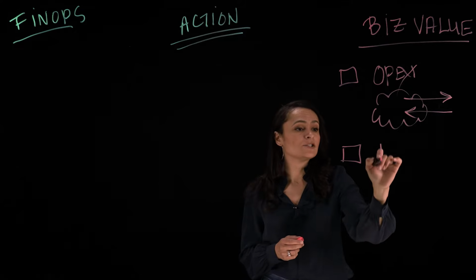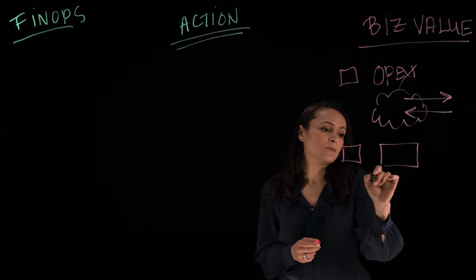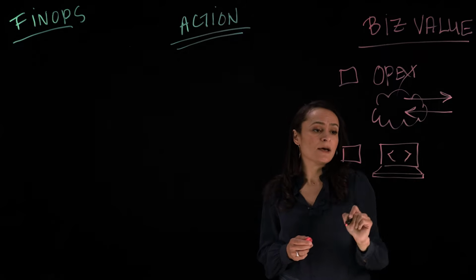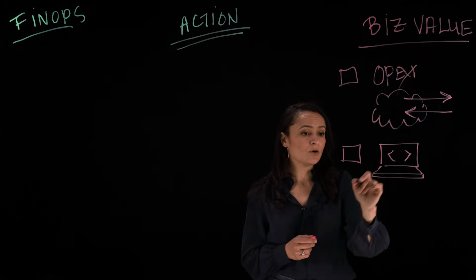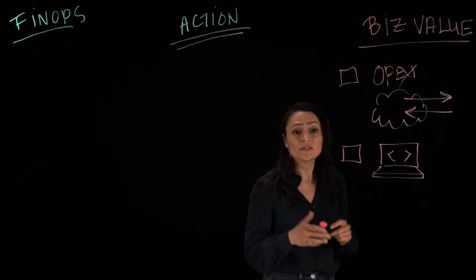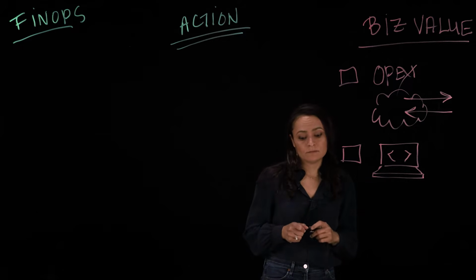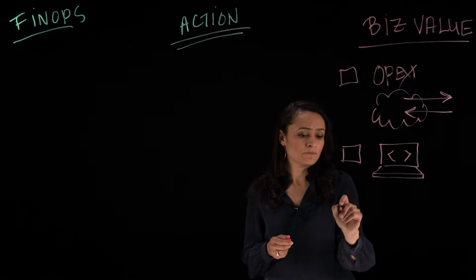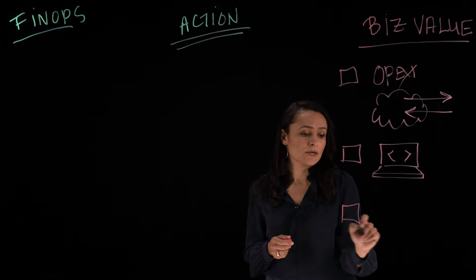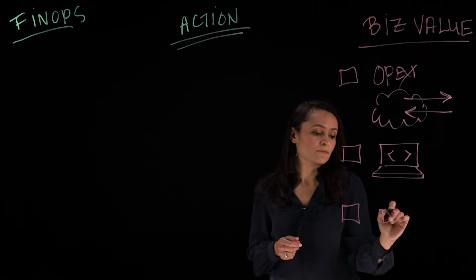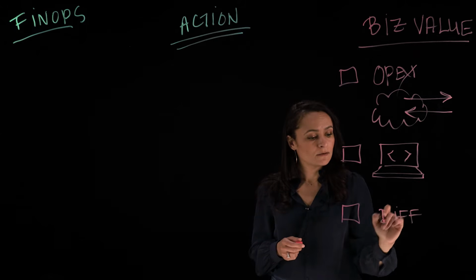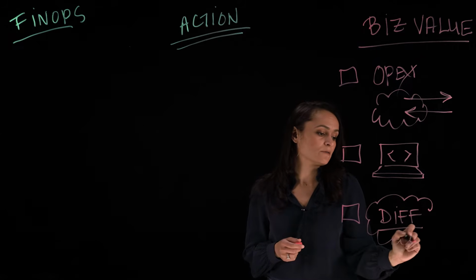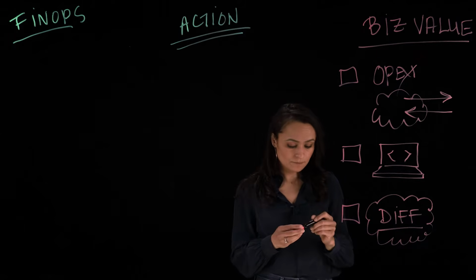2, agility. This is about making sure that developers have what they need to code that revenue-generating, differentiating functionality. Functionality in their applications, new services, what have you. And 3, differentiation by way of all of those cloud services that the providers offer.